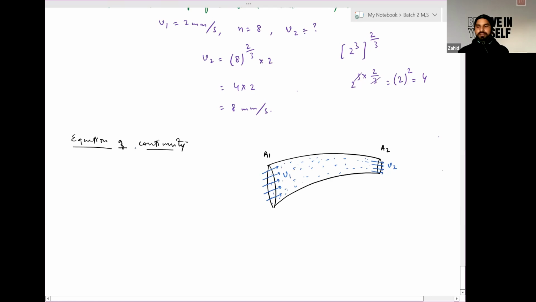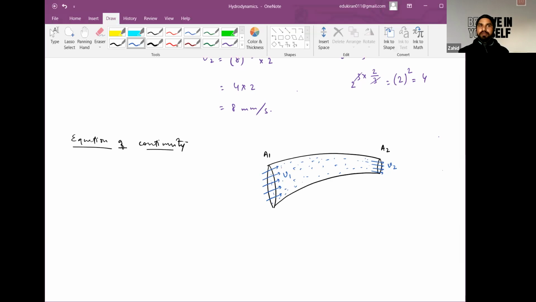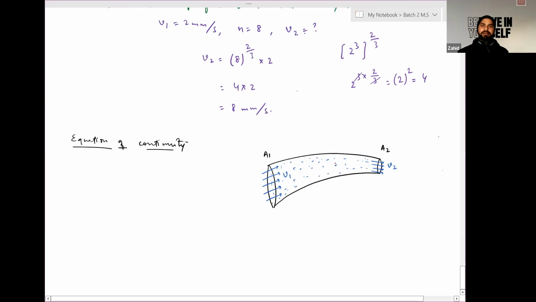So the equation of continuity mainly defines how the velocity of liquid is related for a particular flow when the liquid is non-viscous and incompressible.